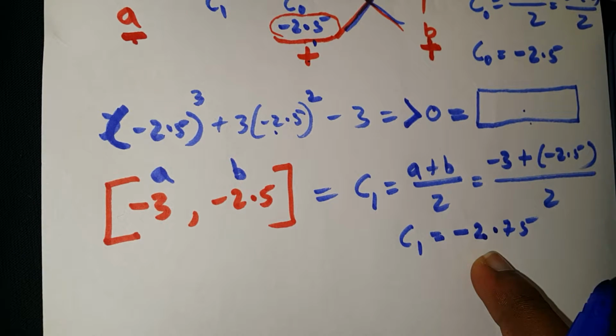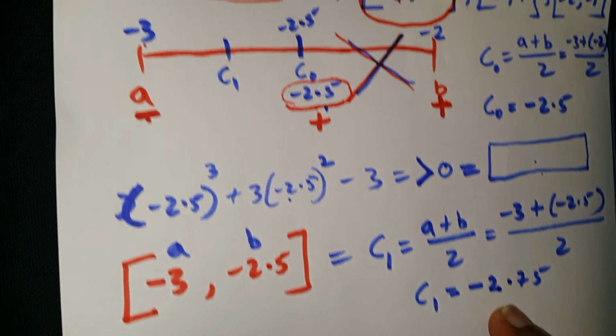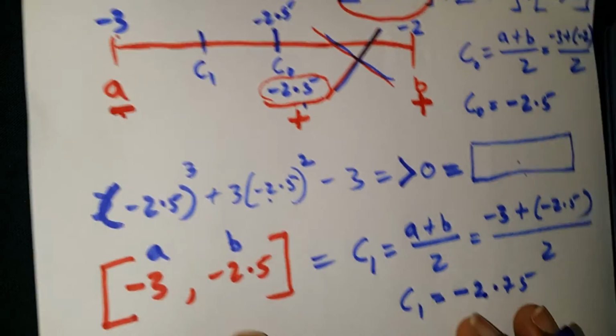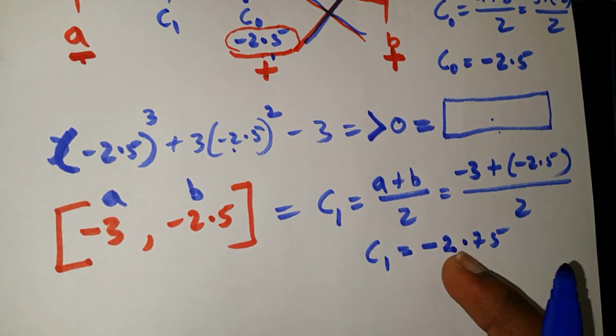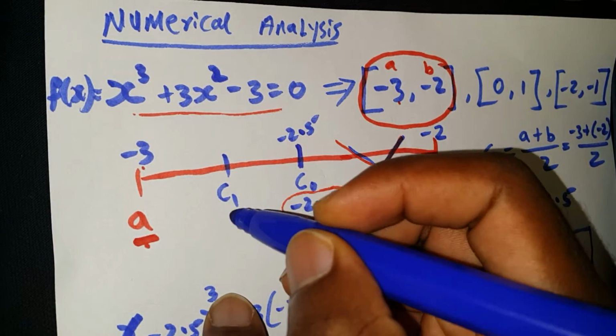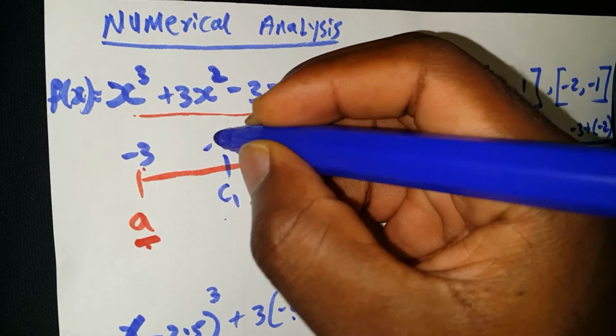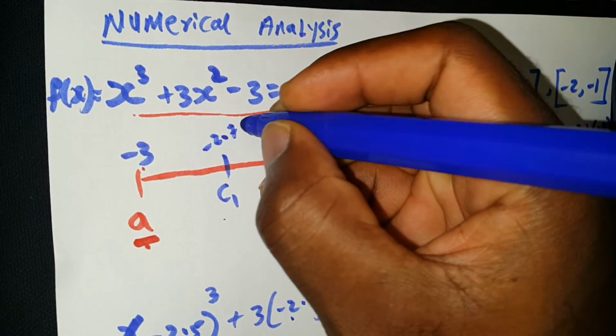So now you have your C1. This C1 that we found as minus 2.75 will be here. So now the value here is minus 2.75.